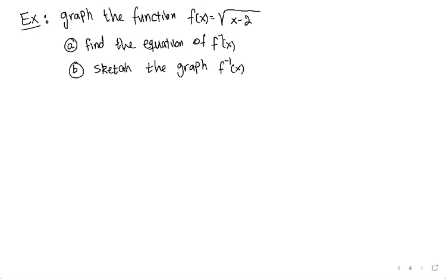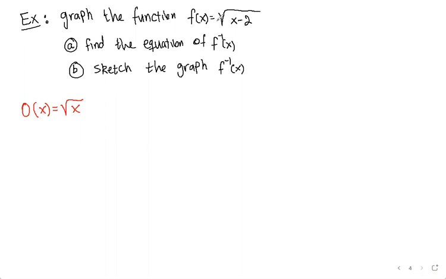So graphing the function, how can we graph? By using the transformations. First of all, we have to know the original function for this one. As we learned before, the original function is the square root of x. We know how to graph this function.